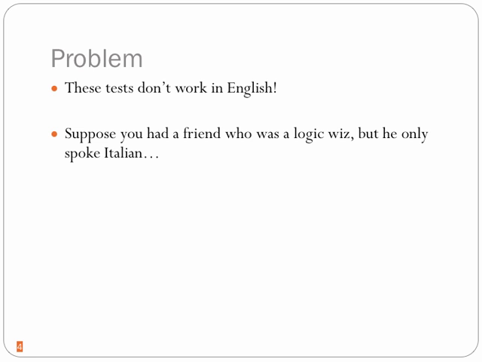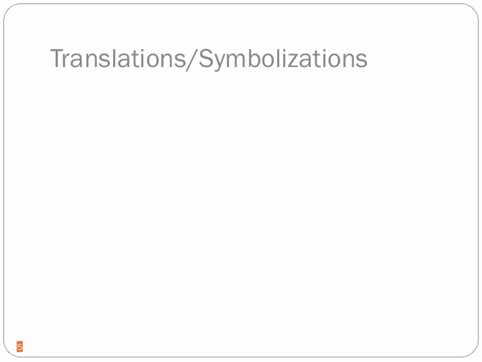It was created by a small group of people and tinkered with and changed, and is intentionally designed to be simple and bare bones. So before we can learn these checking procedures, we have to take English and we have to do what's called translate it or symbolize it from English into sentence logic. And then to practice, we'll go the other direction as well.